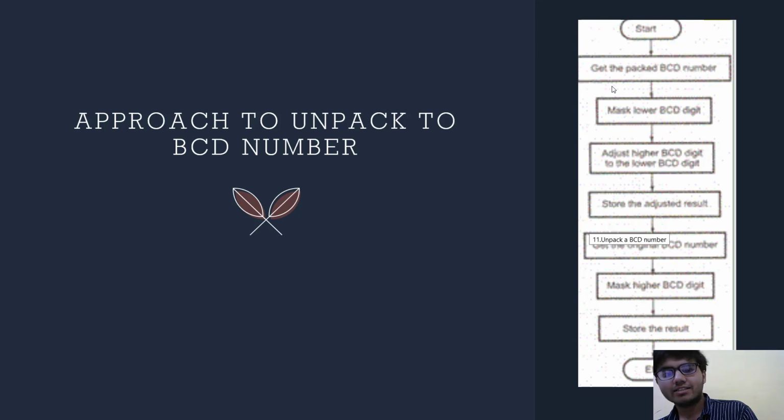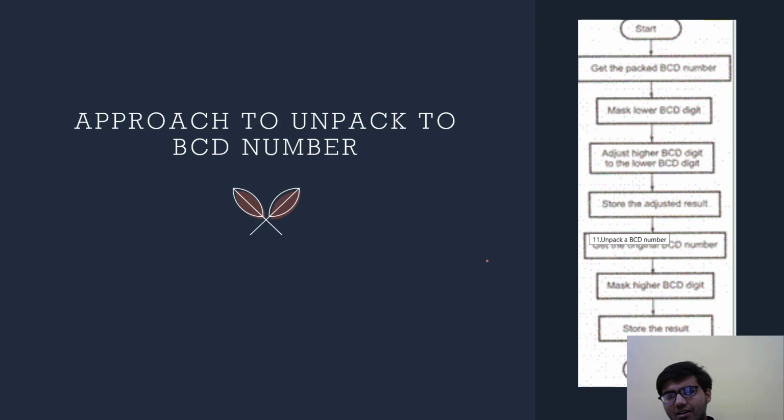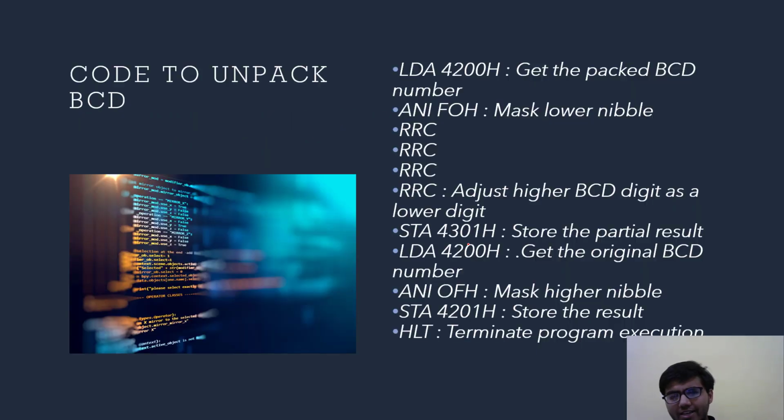Then next, we are masking the higher bits so we can get our lower BCD number and store it in another memory location. This would be the flow chart. Let's study it by code. It would be much simpler if we understand by code.